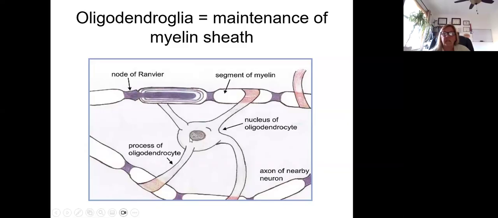What this oligodendrocyte is going to do is it's got little arms on it, and it's going to wrap itself around a myelin sheath. Each one of those arms is going to wrap itself around a myelin sheath, and it's just going to run up and down that one little stretch, constantly maintaining that myelin.